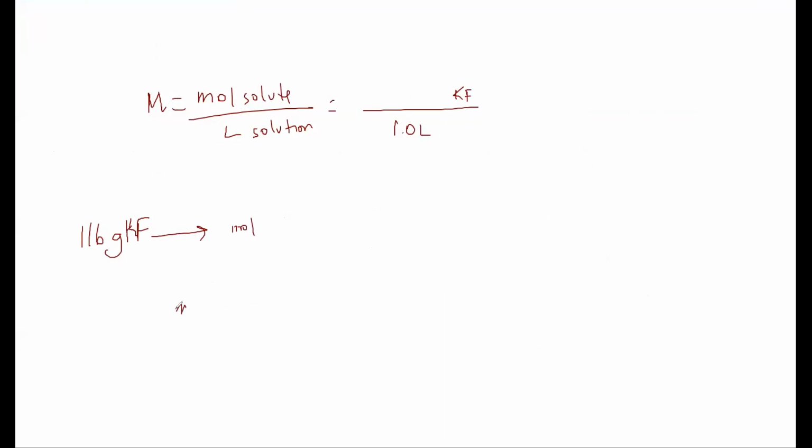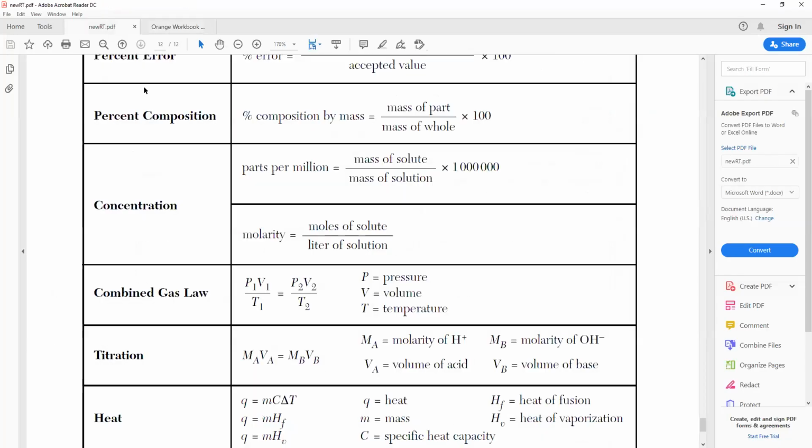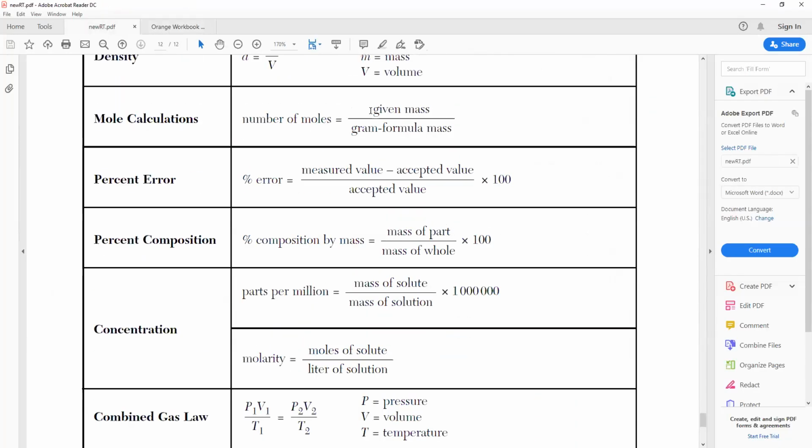Is there a formula that helps me calculate moles? If we go to our reference table T, the last one on our reference table, we're going to see moles is equal to mass over gram formula mass. So given mass, the mass that they gave us, over the gram formula mass that we're going to calculate.